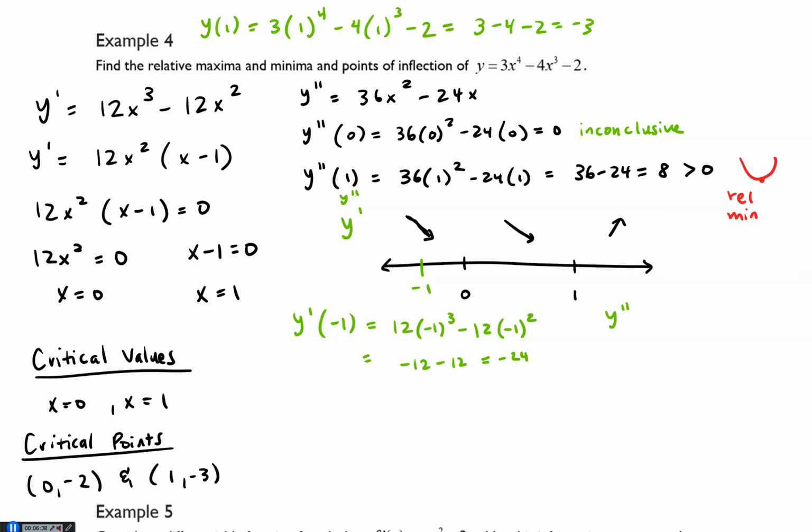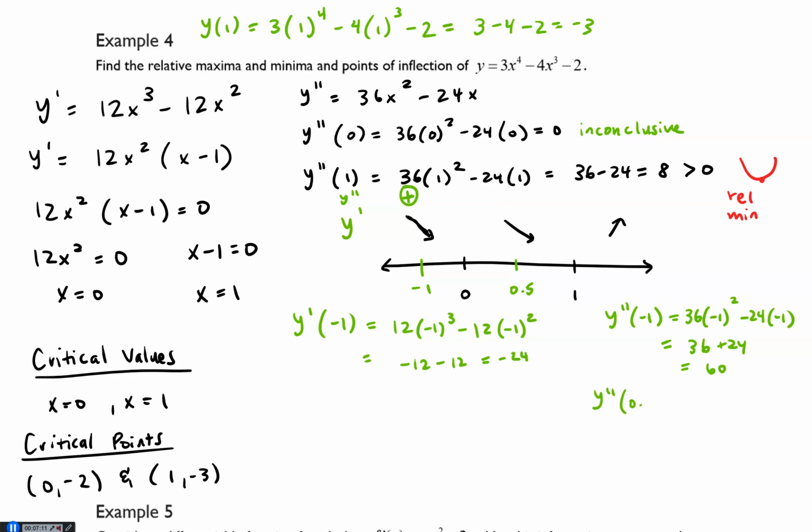So if we do y double prime of -1, that is equal to 36 times -1 squared minus 24 times -1, and that equals 36 plus 24, which is equal to 60. So here our second derivative is positive, which means that it's concave up. And then I'll use a test number of 0.5 here.